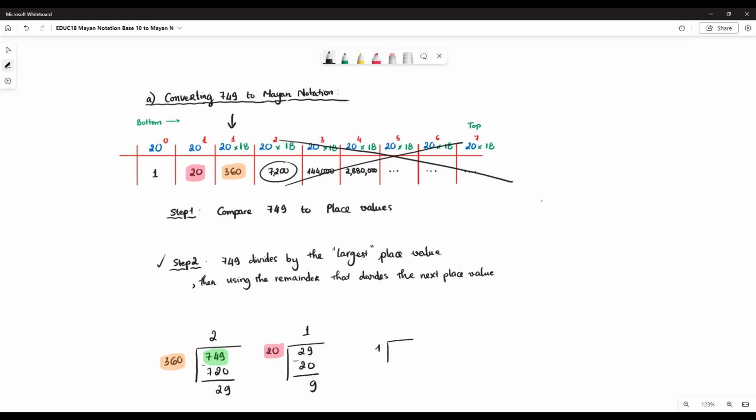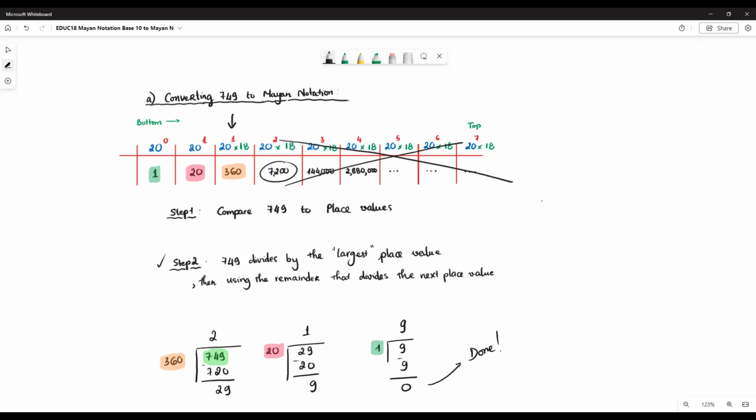Next, we use the remainder 9 and divide by the next place value, that is 1. 9 divided by 1 is 9, and 9 times 1 is 9. The remainder is 0. Because we reach a remainder of 0 and we don't have any more place value to divide by, we are done with the process.